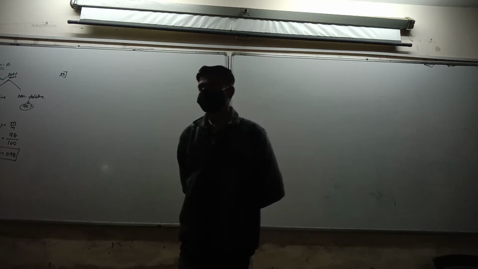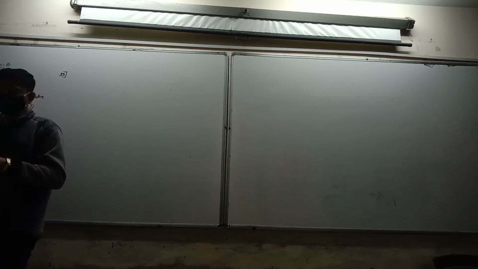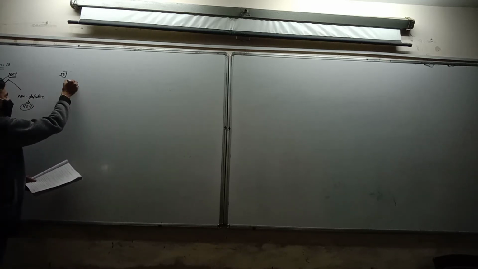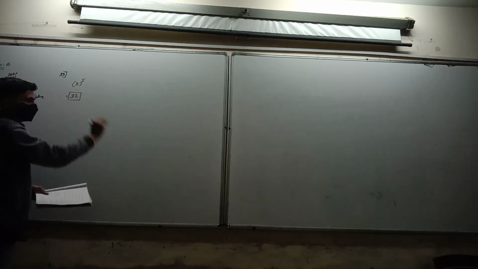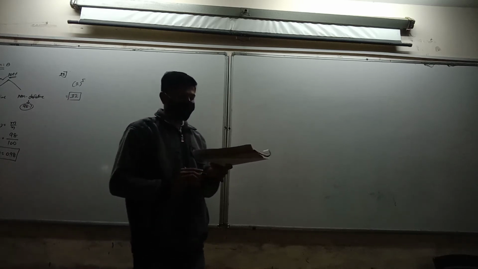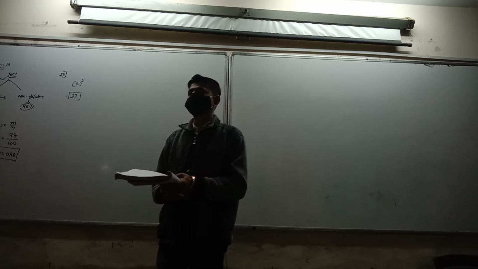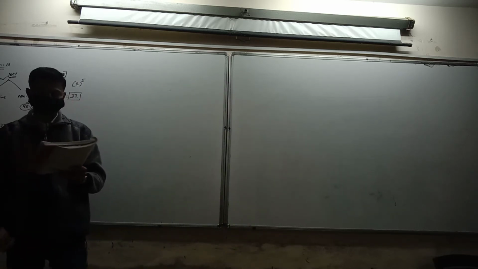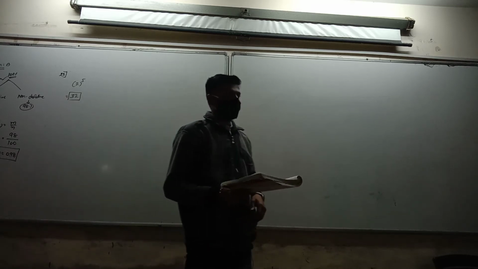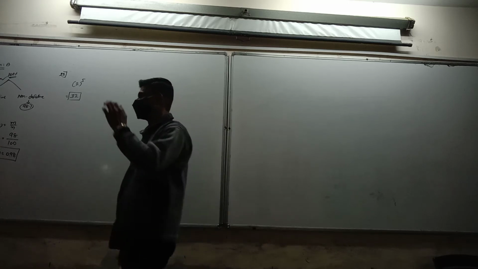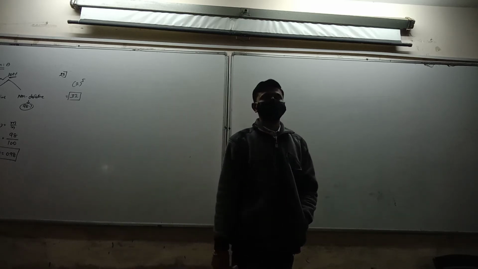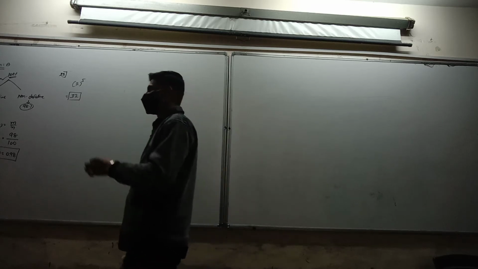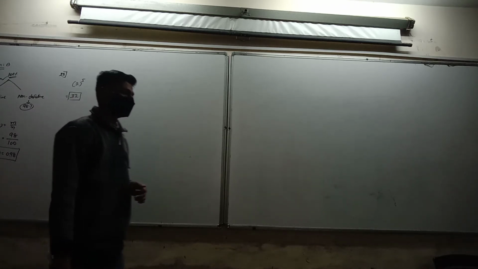Okay, so write down the number of sample points in the random experiment of tossing 5 balanced coins is 32. In bracket write down 2 raised to 5.